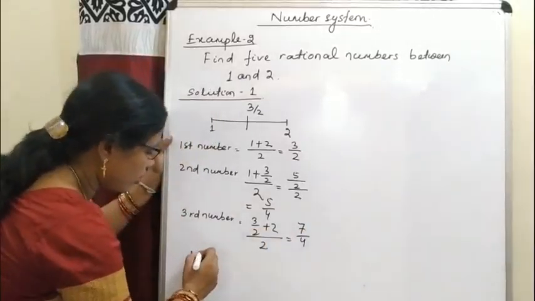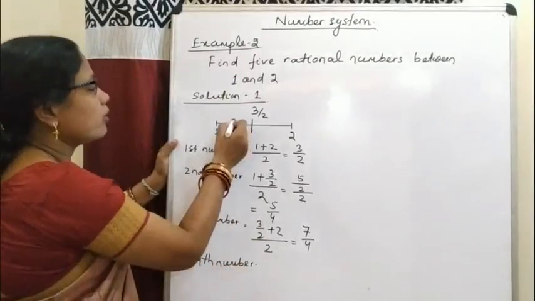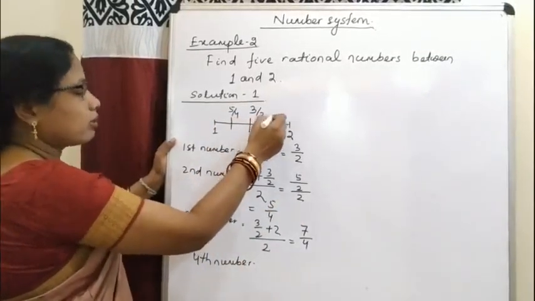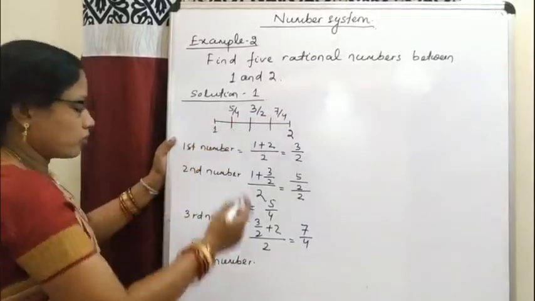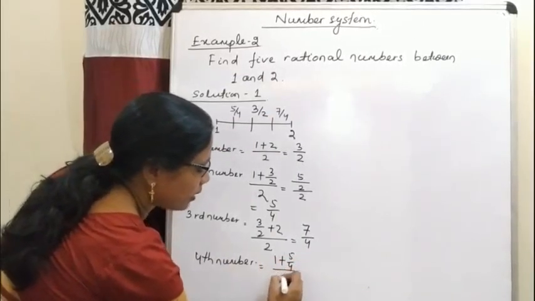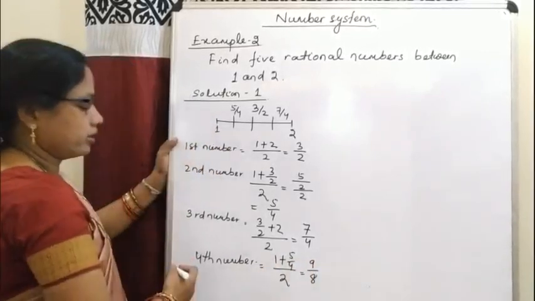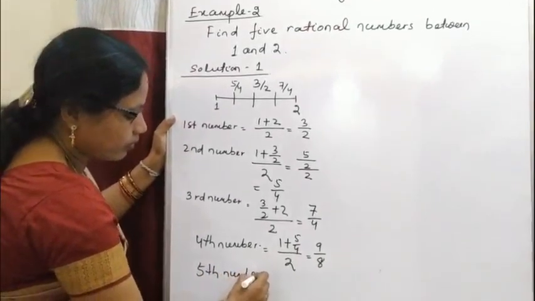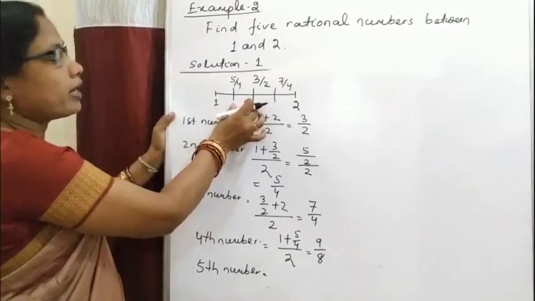Then the fourth number, again here we got a number that is 5 by 4 and here we got a number 7 by 4. And in between 1 and 5 by 4 we got also a number that is 1 plus 5 by 4 divided by 2. So this is equal to 9 by 8. So then the fifth number, we can find another number between 5 by 4 and 3 by 2 also.